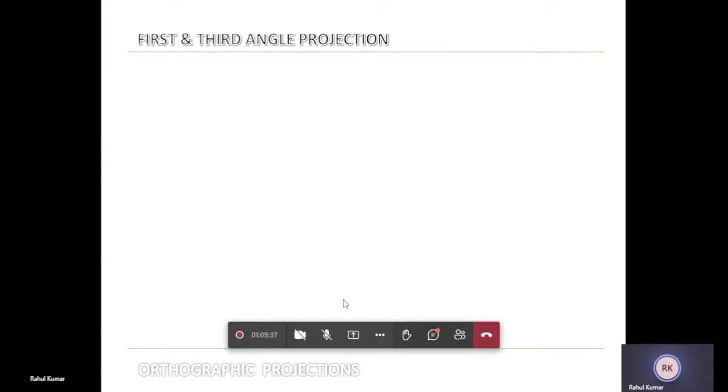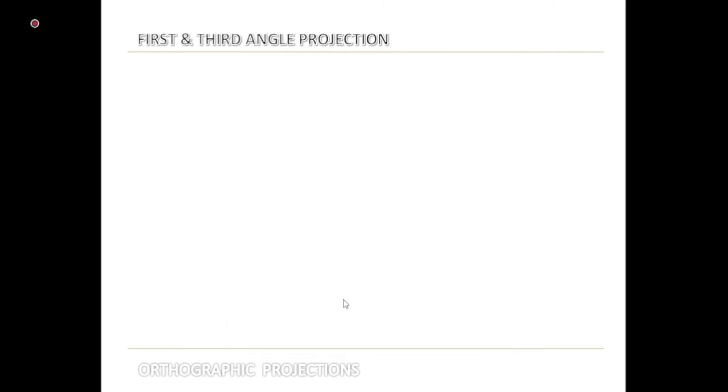Or if you have a very thin curtain and somebody is standing behind it, you can see that person's shadow on the curtain. I'm calling this third angle projection.